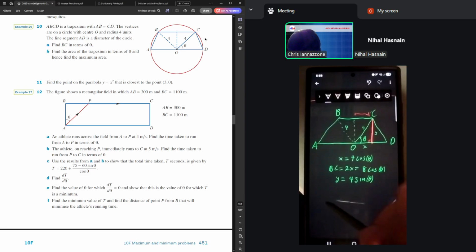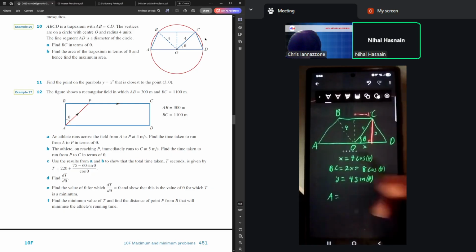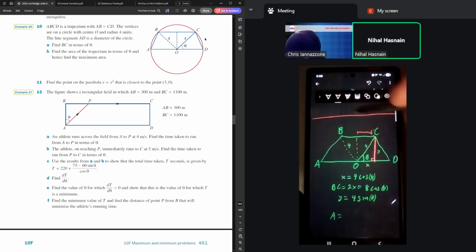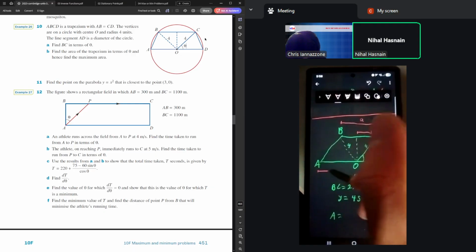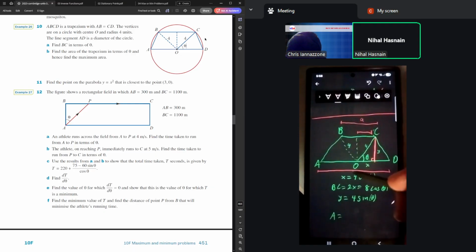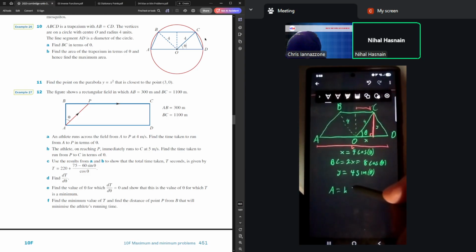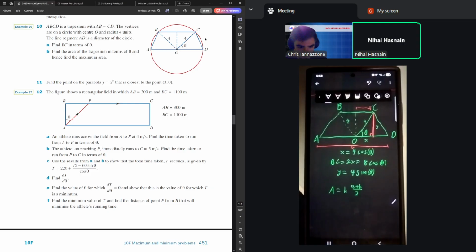BC and AD, those are a and b. Area of a trapezium is h times (a plus b) over 2.